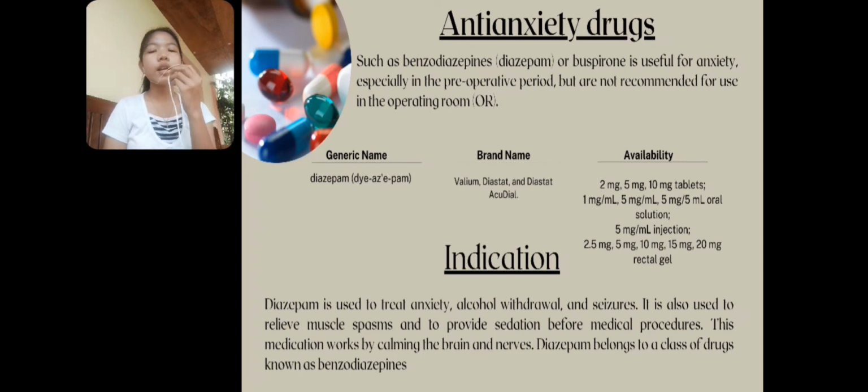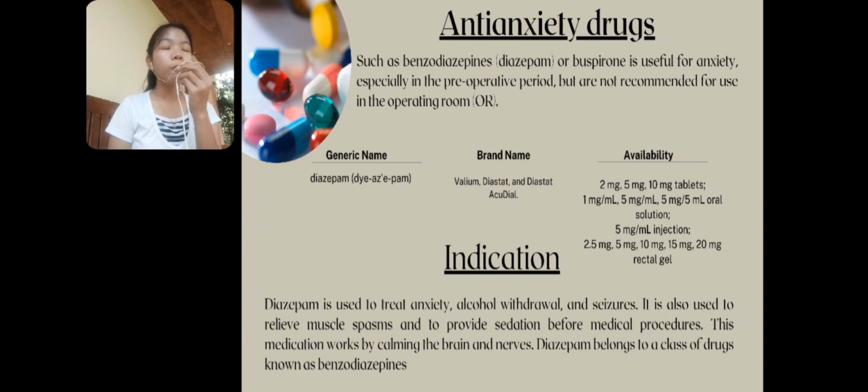So anti-anxiety medication helps reduce the symptoms of anxiety, such as panic attack and extreme fear and worry. From the word anti-anxiety itself, it means medicines for persons who are experiencing anxiety.